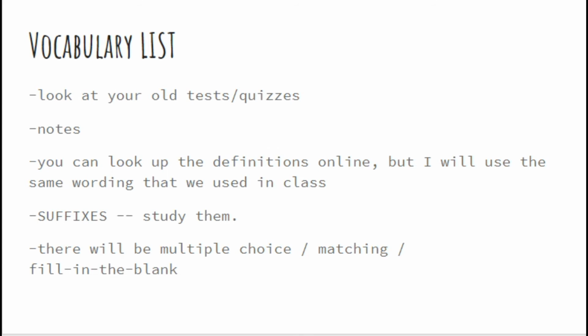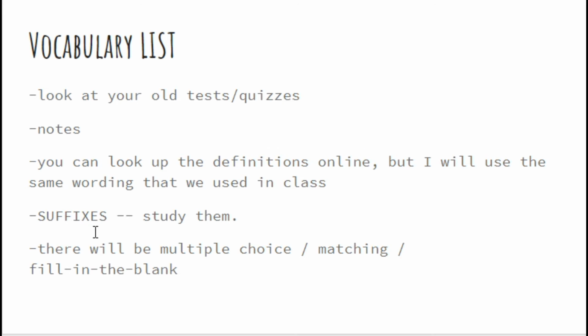Now we're at your vocabulary. So make sure all of your suffixes are done before we move on to the vocabulary. Kind of what I want to tell you about our vocabulary list is that you should have all of your old tests and quizzes by now.